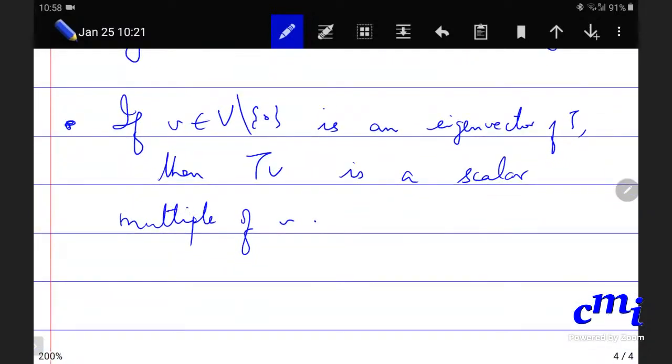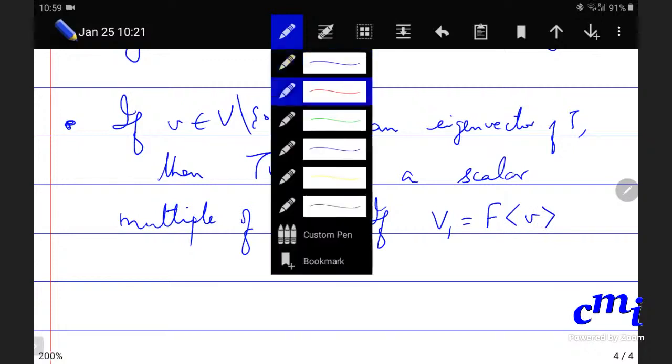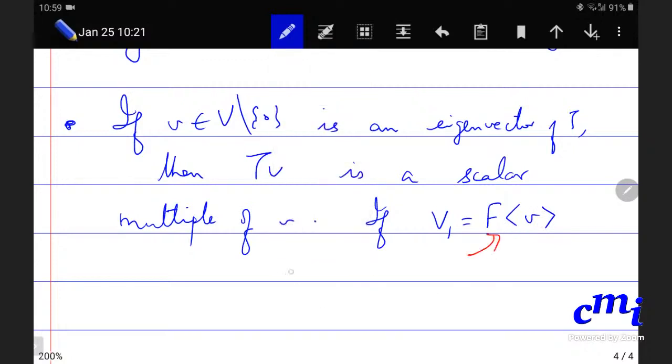In other words, if we write angle brackets V for the span, one piece of notation that I don't know if you used is this. By this I mean the linear span of V. There could be multiple vectors also. I will denote it by angle brackets, to say that I'm taking the linear span.